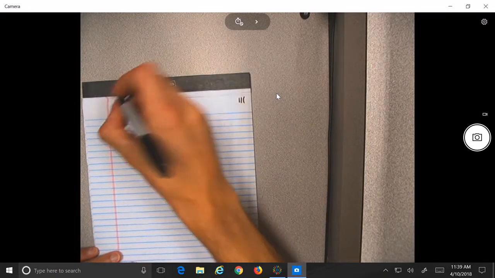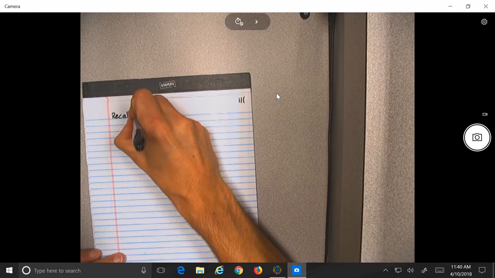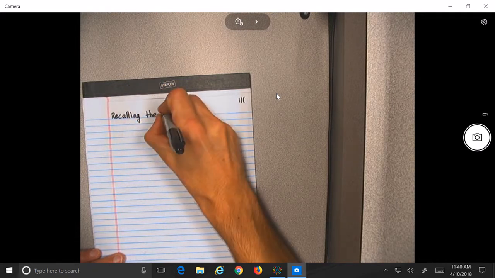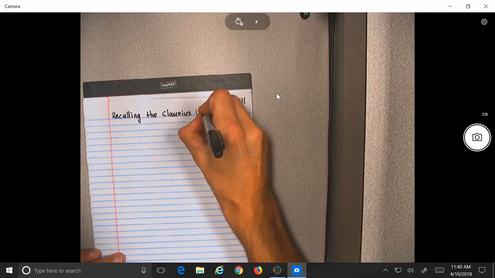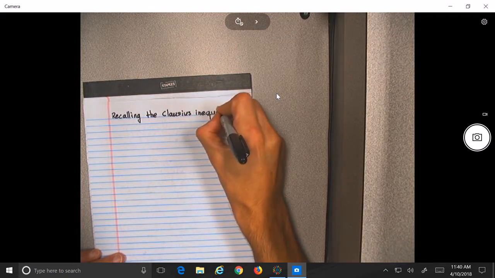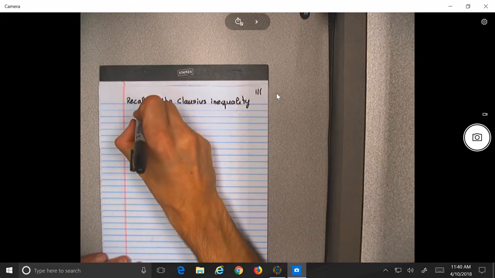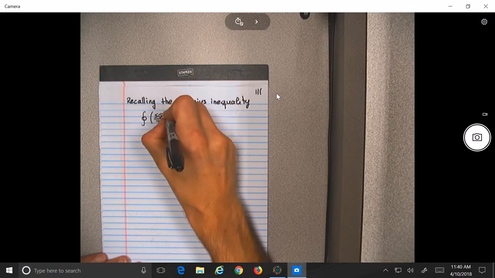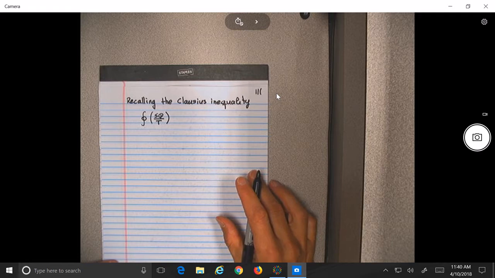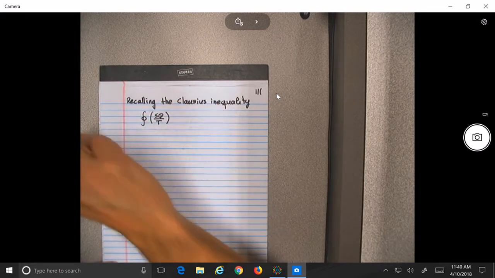So recalling the Clausius inequality, which is what? That if we look at the ratio of delta Q over T over a cycle, a closed cycle, what were the two choices we had?